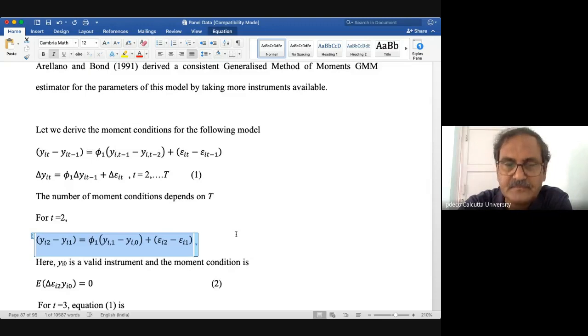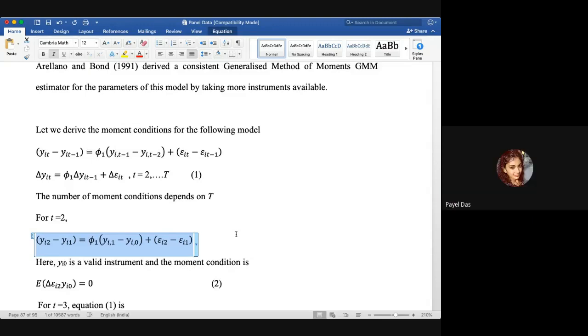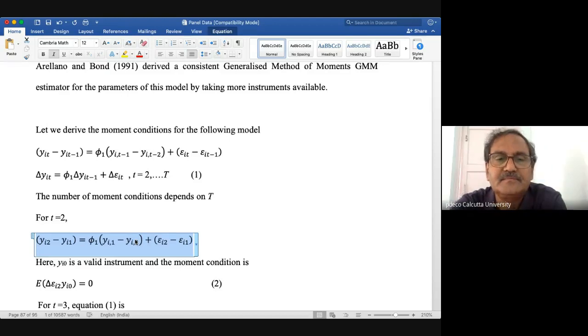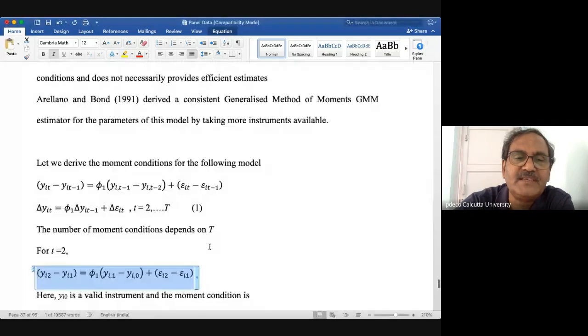So for t is equal to 2, the expression looks like this. And in this expression, can you tell what would be the instrument here? Which one can I take as a valid instrument in this expression?